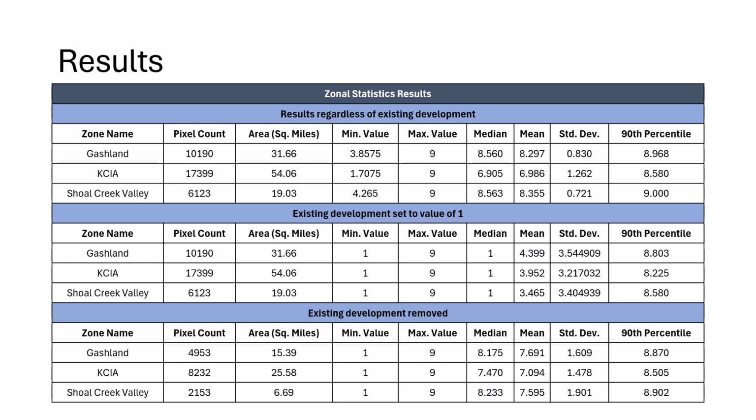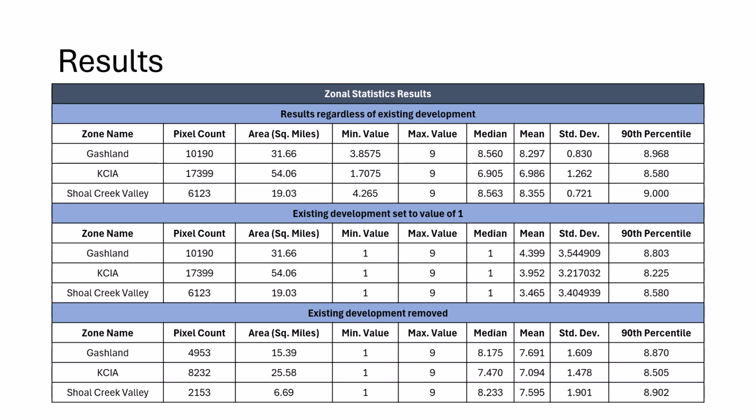And now the median value is 1, meaning that most pixels in the raster are not suitable and are part of the existing development. This obviously reduced the mean by quite a bit, and I think this also is not necessarily suitable because the existing development is really skewing the data.